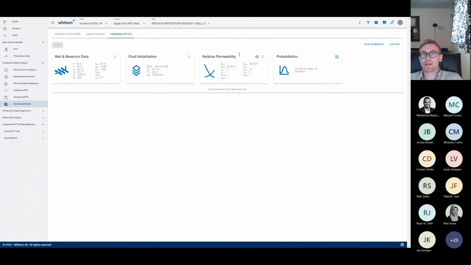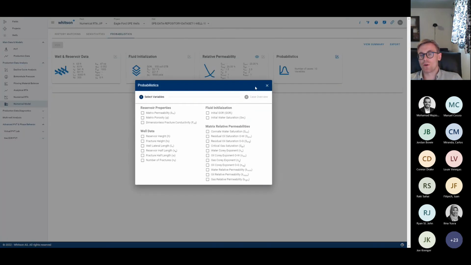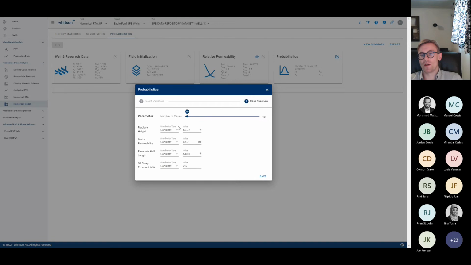Probabilistics is the last tab here at the top if you'd like to run probabilistics on some of your parameters. If you define a subset of your parameters here, you can then provide them with a distribution: uniform, triangular, or normal. Let's say you want to make fracture height a normal distribution, then you provide a min and max value, and the software will then calculate your mean and standard deviation.